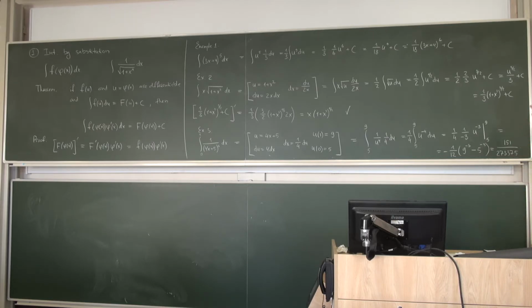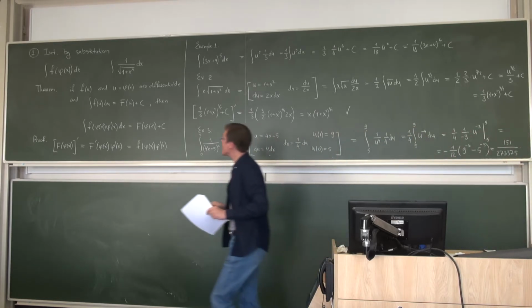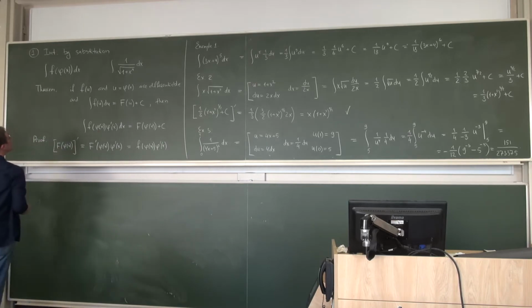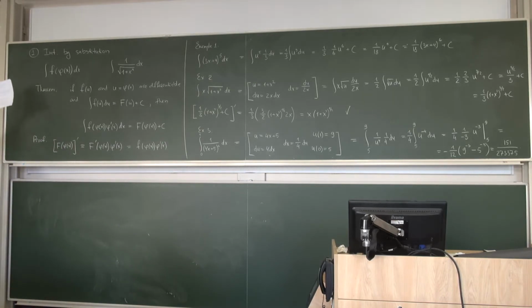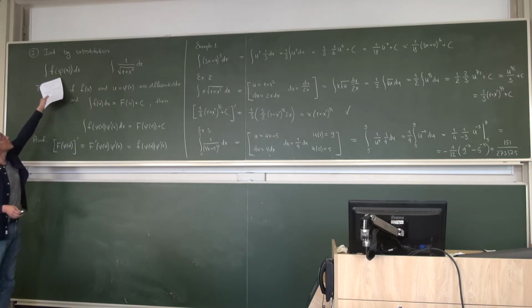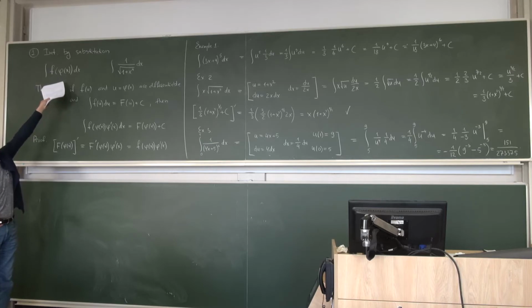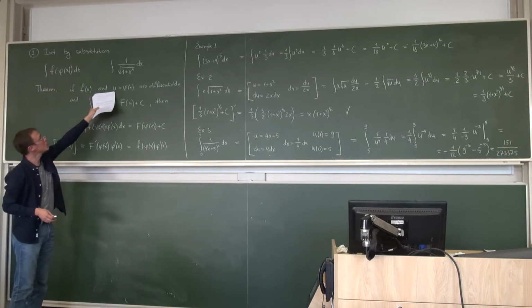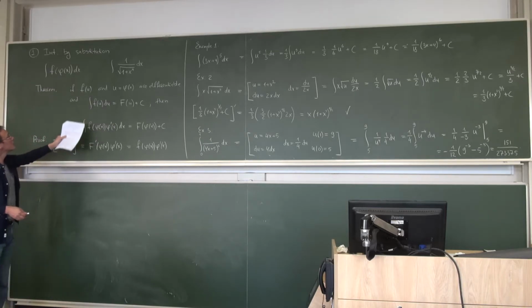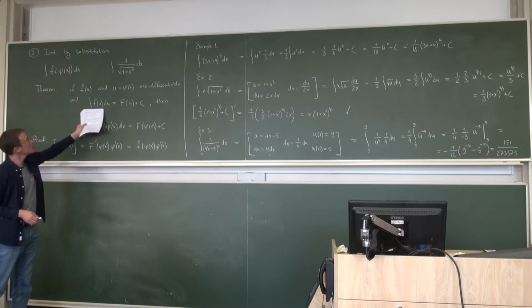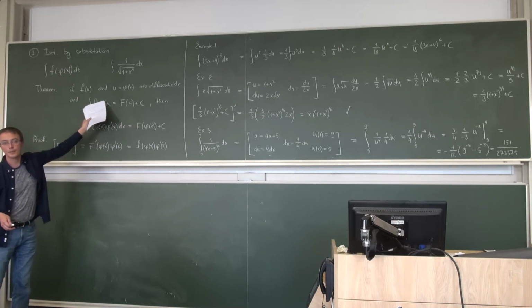Okay, so for this substitution business, this is what the procedure is. And now perhaps you can understand better what I've been talking about here. We have some outside function and the inside, and this inside we would rather not have. We call it u, and then we know the integral of the outside function.